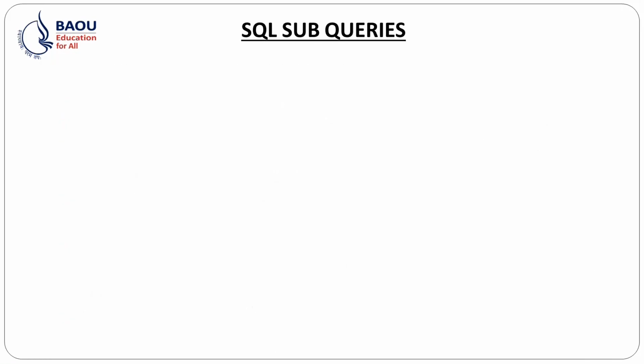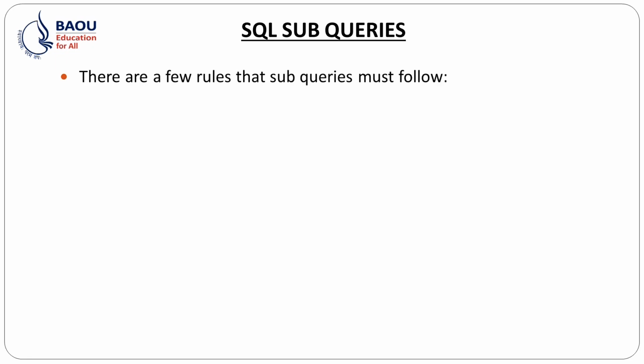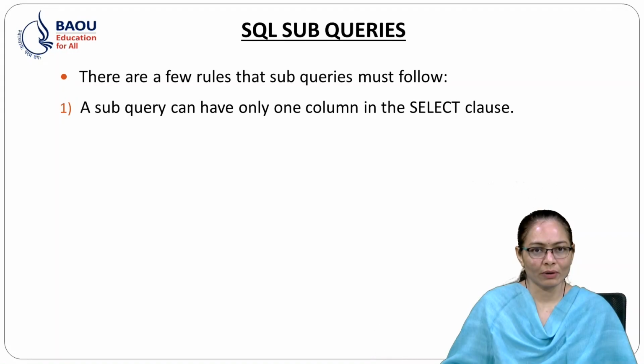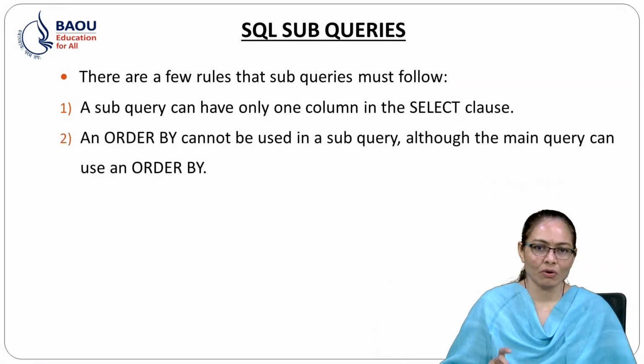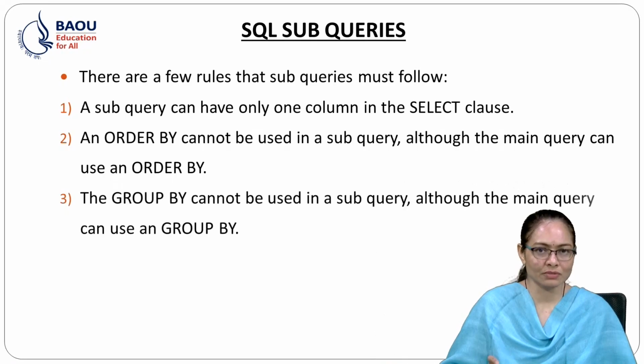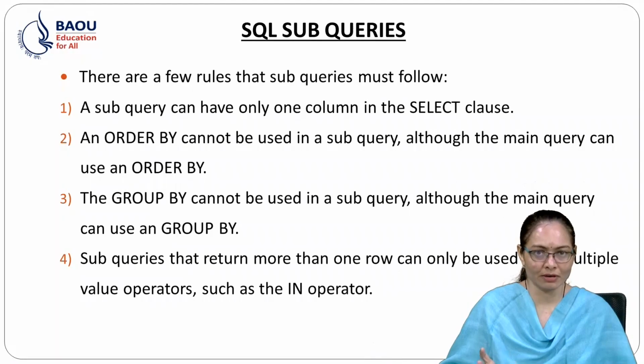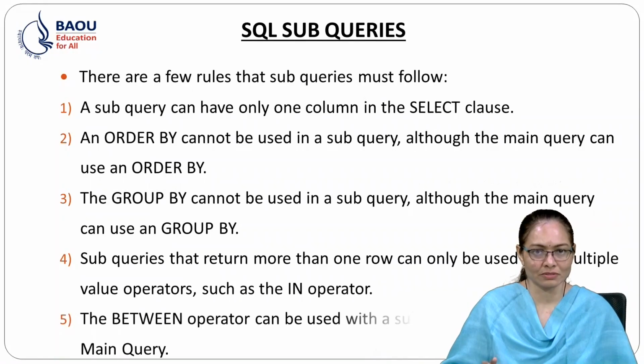Now there are some rules that the subquery must follow. The subquery can have only one column in the select clause. The order by cannot be used in a subquery, although the main query can use order by. Same as group by: the group by cannot be used in a subquery, although the main query can use group by.